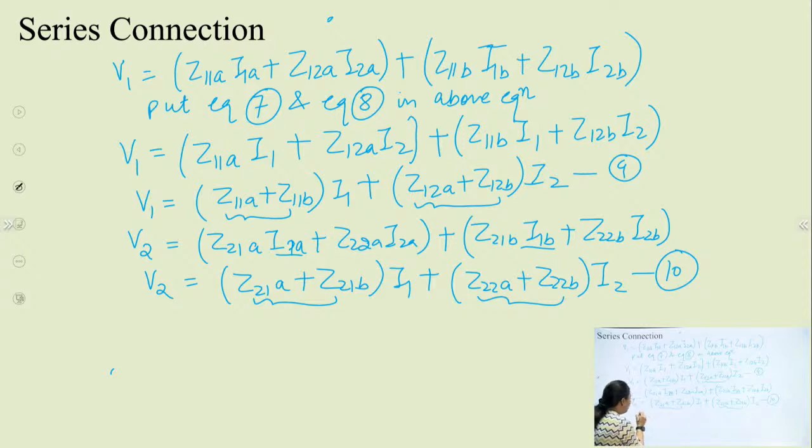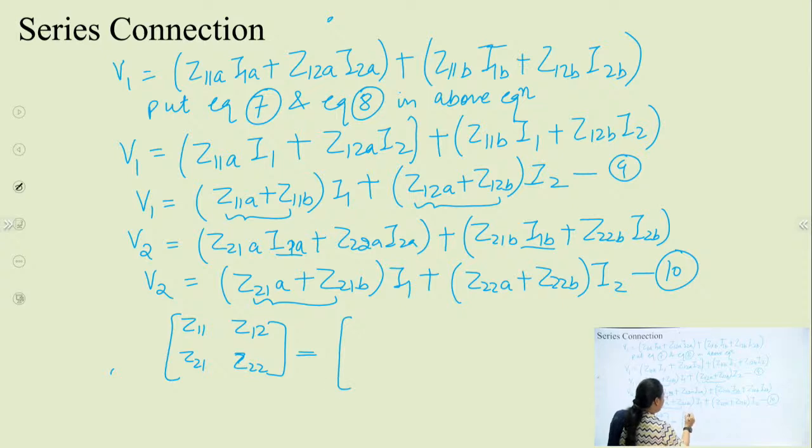So what we can conclude from equations 9 and 10 is that the overall Z parameters will be equal to the summation of the parameters of the two port networks. Here Z11, Z12, Z21 and Z22, which are the parameters of the series interconnected system, I can write in matrix form.